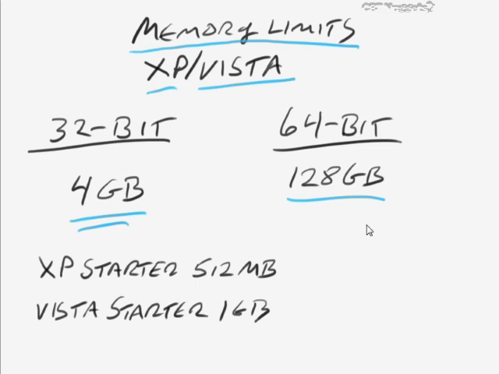And it was partially devised, to my understanding, as a way of helping to get around some of the European Union restrictions on Microsoft's monopoly of things like Internet Explorer and so forth. But anyway, for XP Starter, you can go a maximum of 512 megabytes. Vista Starter, 1 gigabyte. And again, those are 32-bit only.